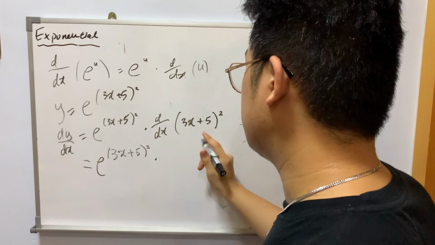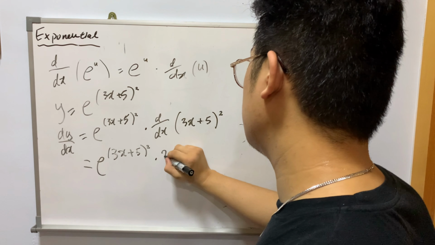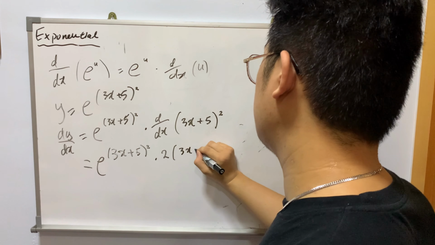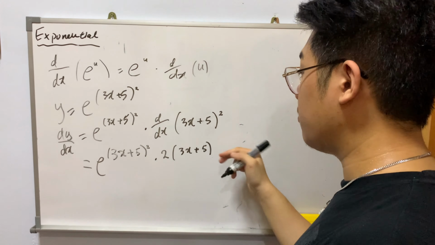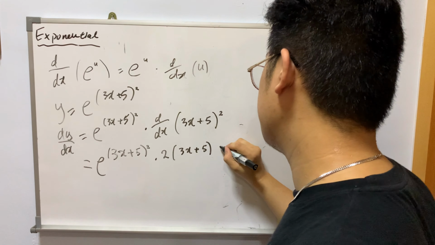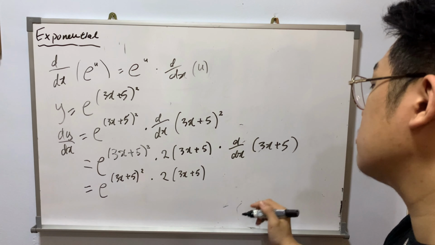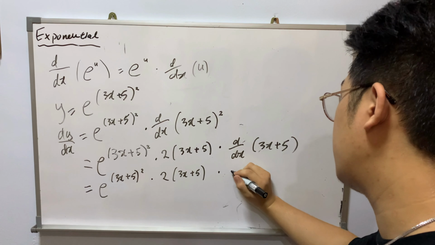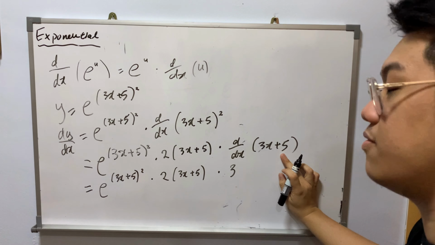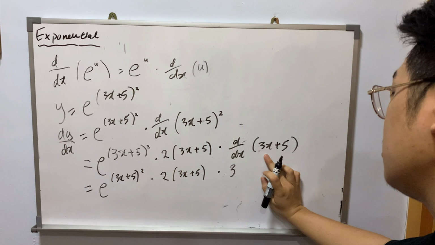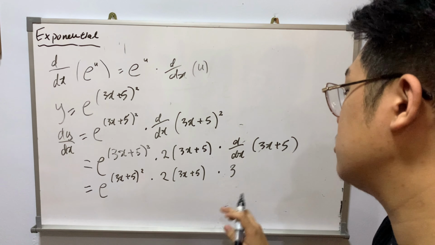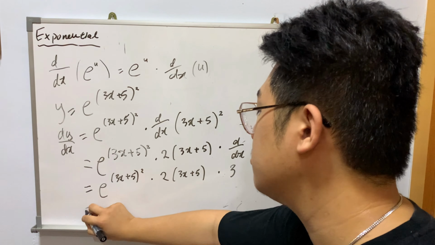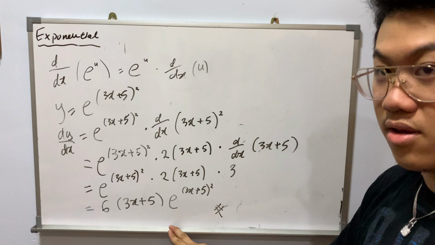So now we need to differentiate this part, which becomes 2 times (3x plus 5). But don't forget, we also need to differentiate what is inside. So now we differentiate this part, which becomes 3, because the derivative of 5 is nothing and 3x becomes 3. So we rewrite this whole thing, and it becomes the final answer.